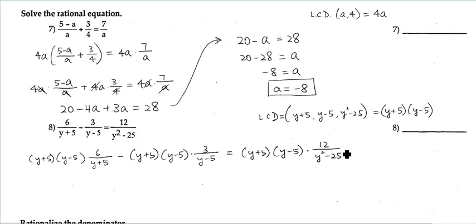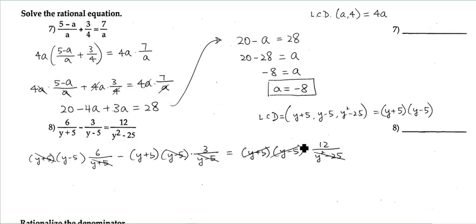I merged two steps together: I distributed the LCD onto the left-hand side immediately. So now anything we can cancel out: y plus 5 cancels out, y minus 5 cancels out. On the right-hand side, the y squared minus 25 cancels out.